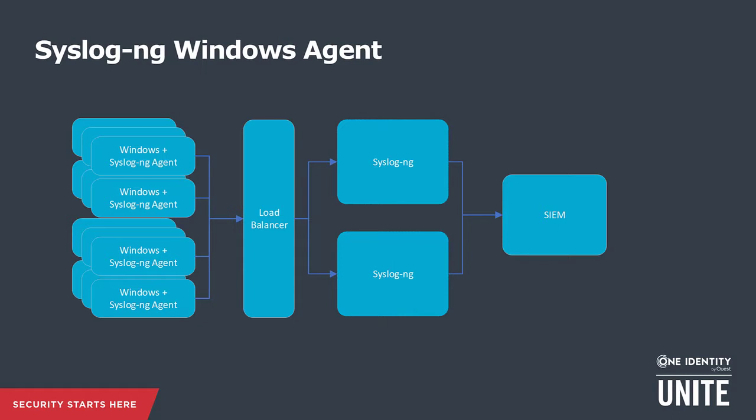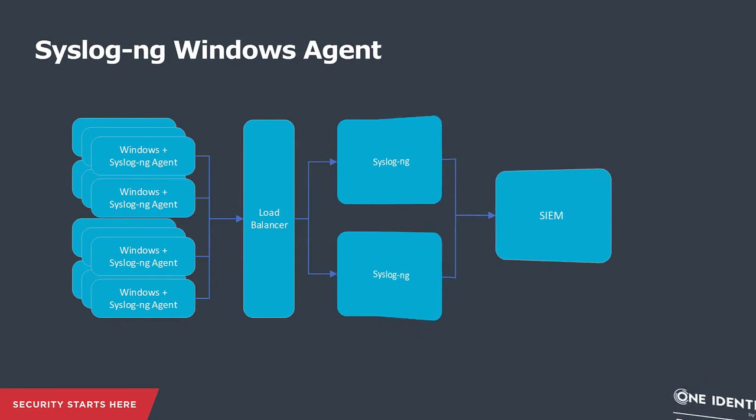And then on the Syslog-ng PE servers themselves, we can parse, filter, reformat, and route those messages to any number of final destinations. So whether you're sending to Splunk, QRadar, Elastic, Kafka, or cloud destinations like Google PubSub, Stackdriver, or Azure Sentinel, we've got you covered.